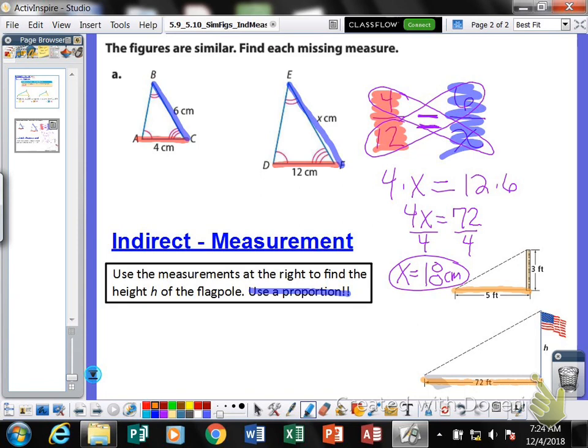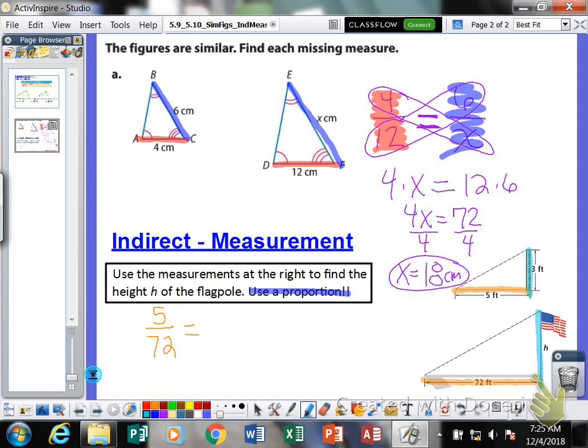So I say 5 over 72 equals. Then I look at the other one: the height of the ruler, 3, corresponds with the height of the flagpole, h. We don't know the height, so we have 3 over h.